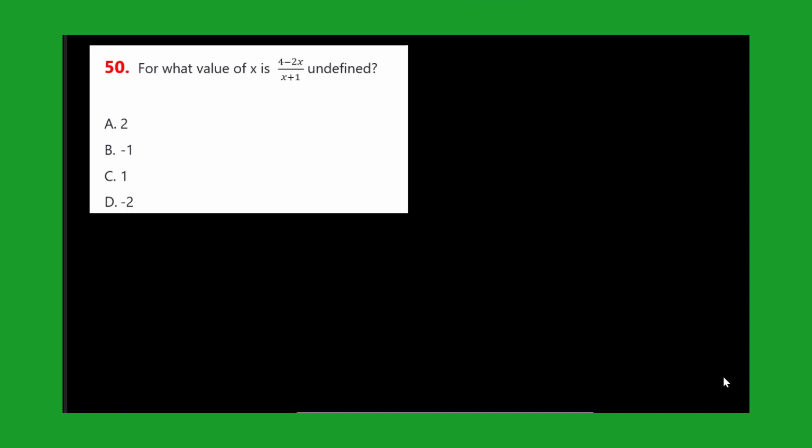From the last question in 2021, for what value of x is 4 minus 2x over x plus 1 undefined?